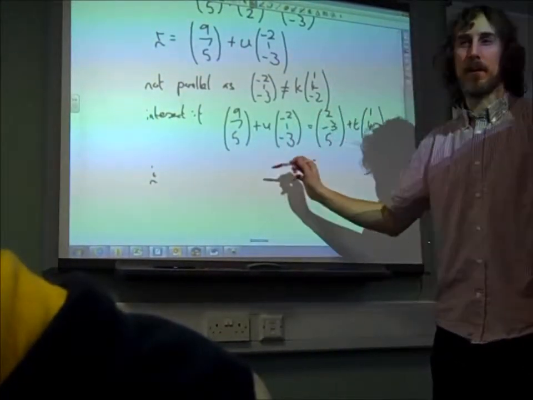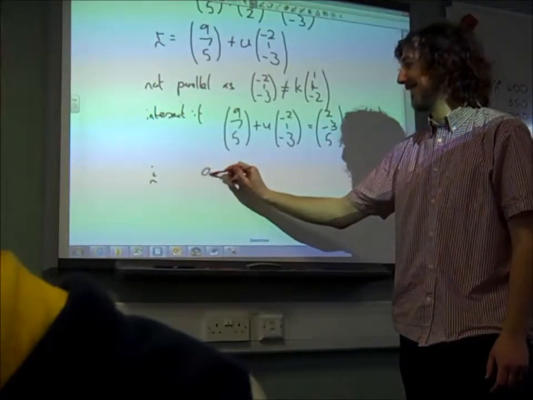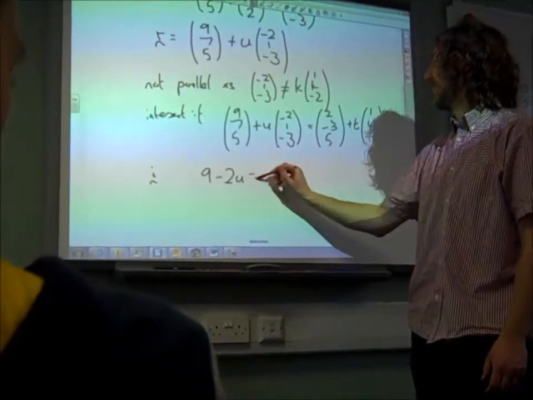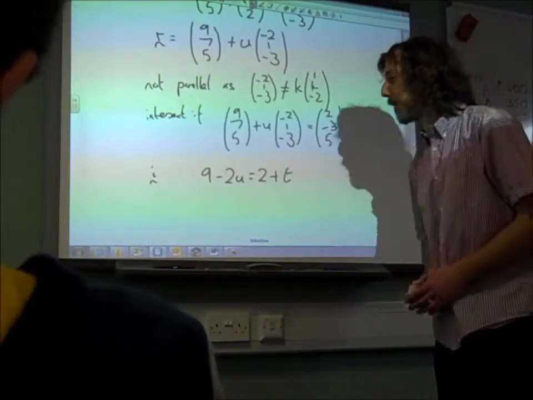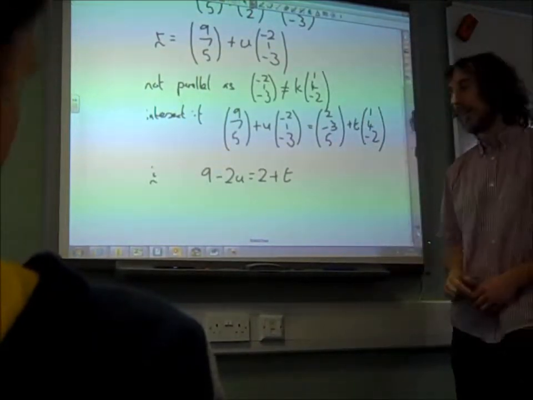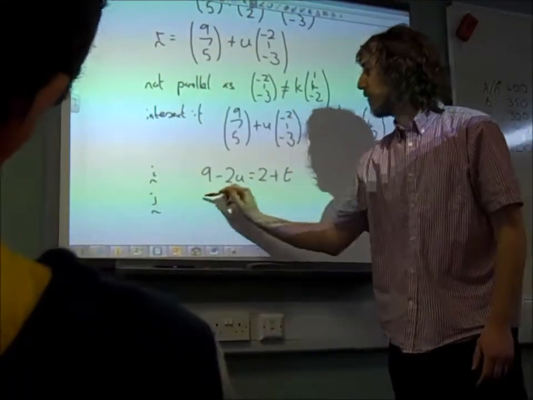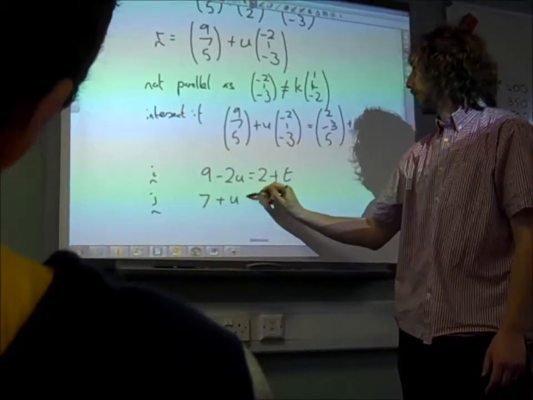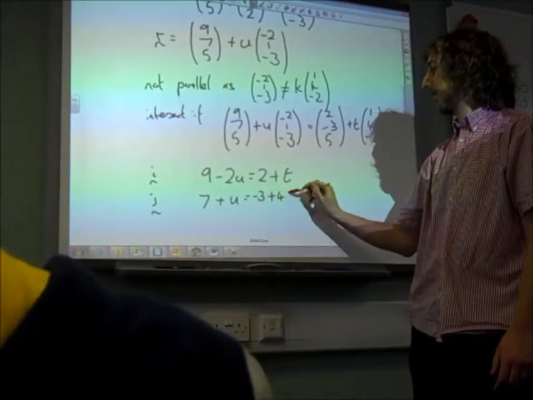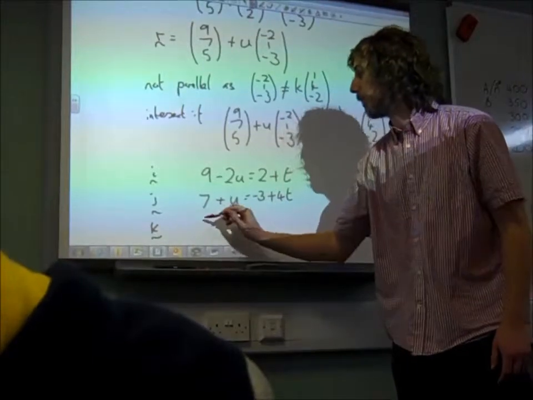So we look at the i coefficients on both sides. So we have 9 minus 2u is 2 plus t. Look at the j's. And the k's.